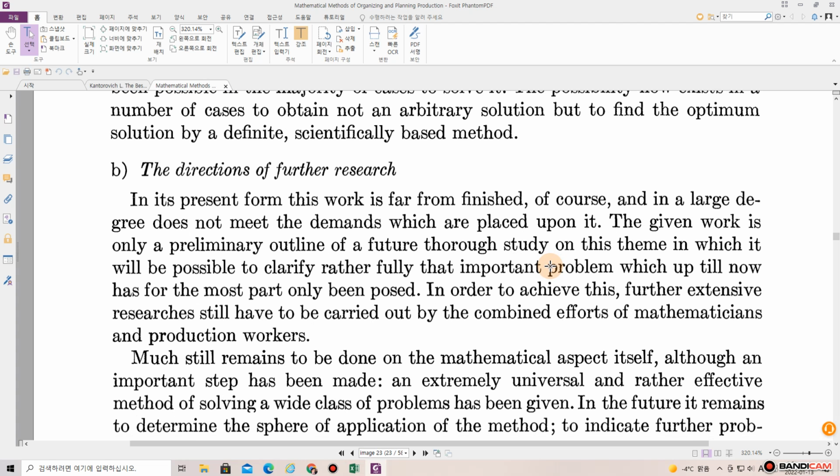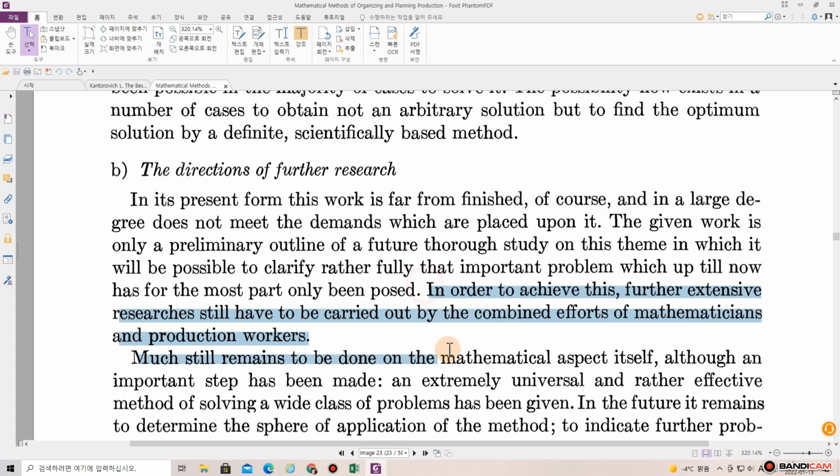B. The directions of further research. In its present form, this work is far from finished, of course, and in a large degree does not meet the demands which are placed upon it. The given work is only a preliminary outline of a future thorough study on this theme, in which it will be possible to clarify rather fully that important problem which up till now has for the most part only been posed.